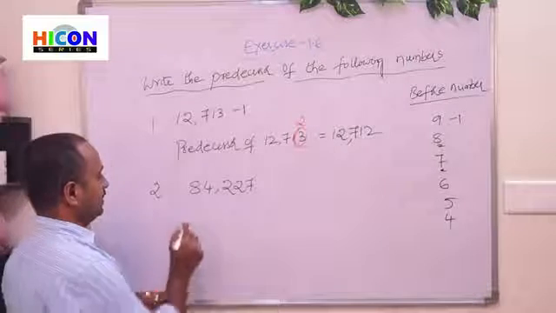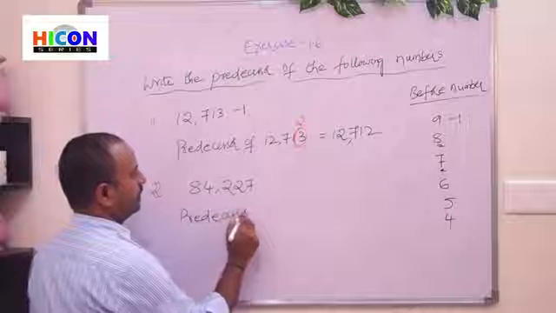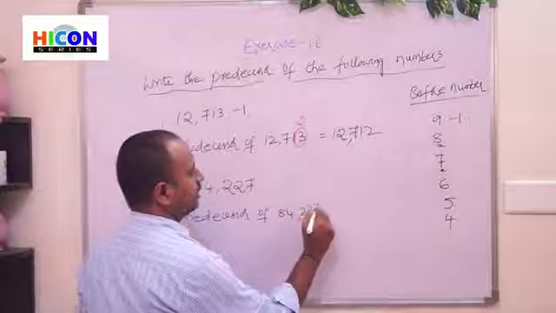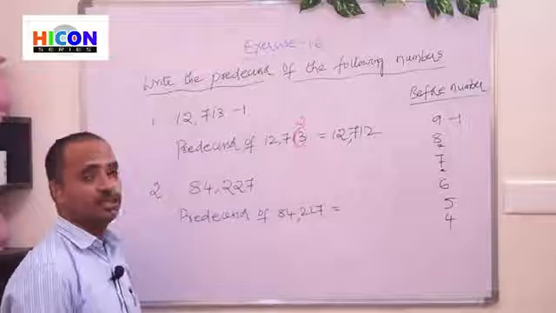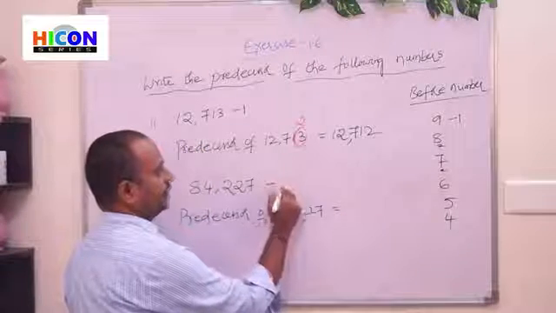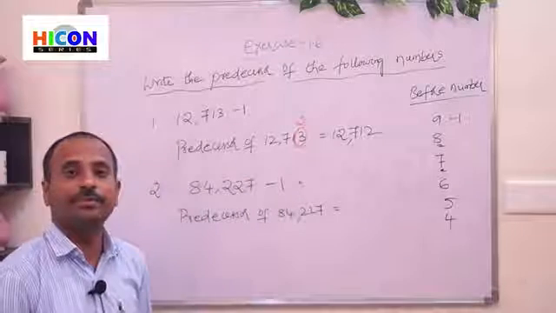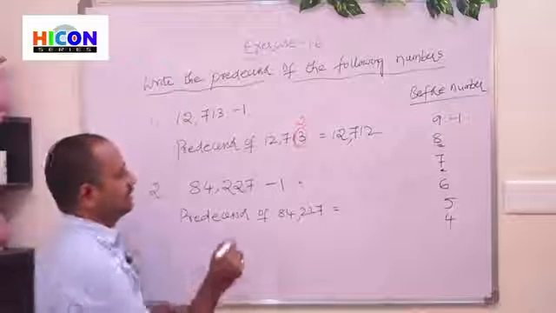So the predecessor of 84,227 is equal to, subtract 1 from the given number and you will get the predecessor.